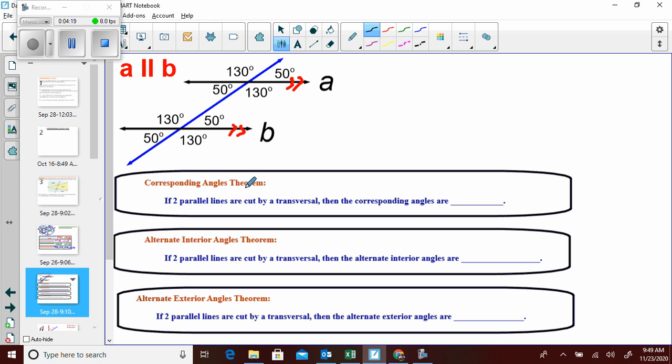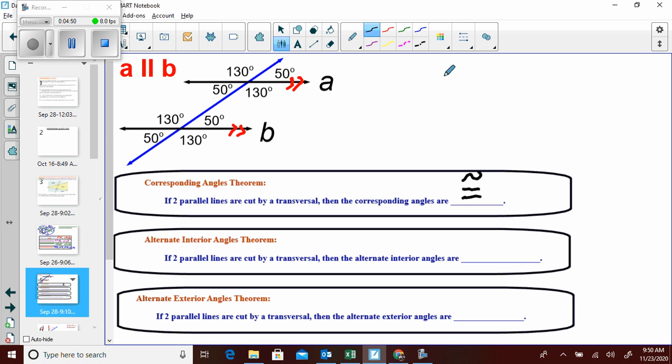Let's look at corresponding angles, the corresponding angles theorem, where we are going to always say if two parallel lines are cut by a transversal, then corresponding angles are... Well, 130 corresponds to 130. 50 and 50, 50 and 50, 130 and 130. See how all corresponding angles are the same exact angles? That means they are congruent. All corresponding angles are congruent. Their measures are equal, the angles are congruent.